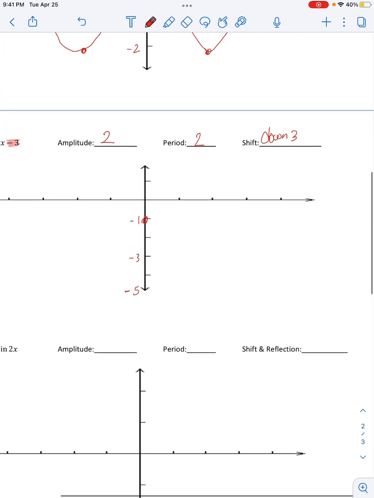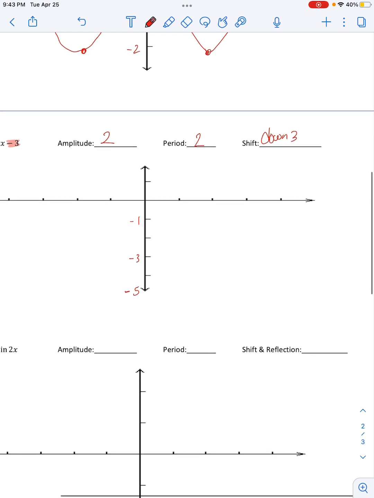Before that, let's break this down. So our period is going to be 2.